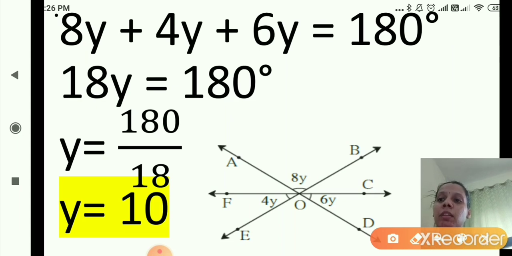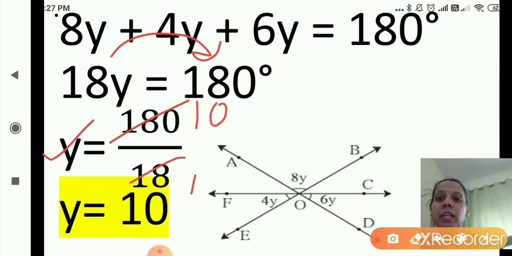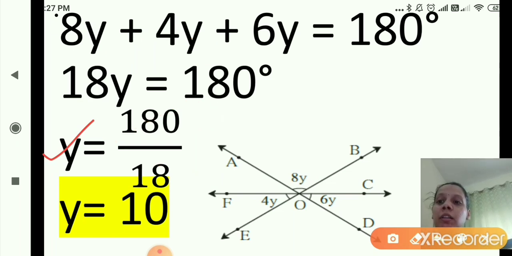Now do the division here. 180 divided by 18 is, 18 ones are 18, 18 tens are 180. So what is the value of y? Y is equal to 10, correct.